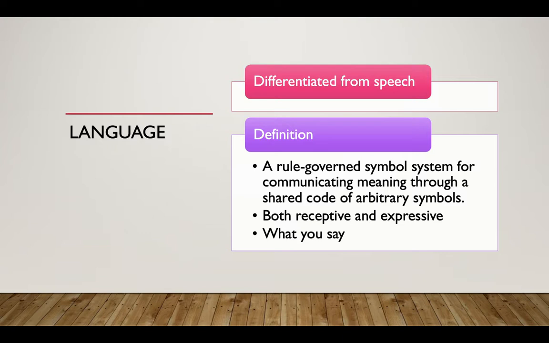So 2 areas of receptive language would be auditory, in other words, understanding spoken language, and then reading, understanding written language. So auditory comprehension and reading comprehension are the areas of receptive language.